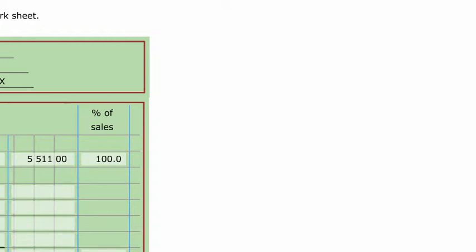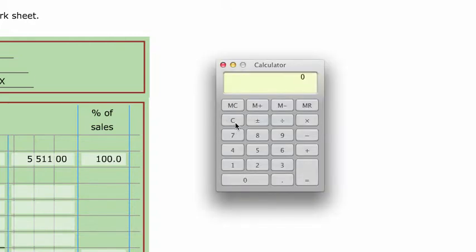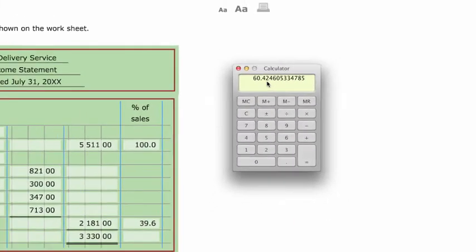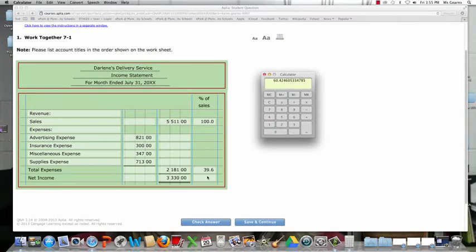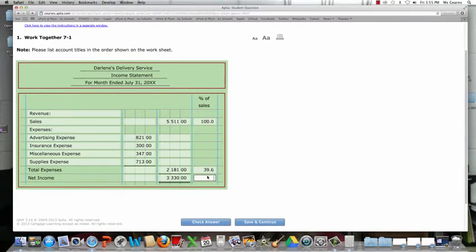And then I'm going to figure out my net income, what percentage of sales that was. So I take 3,330 divided by 5,511, and I get a decimal again. I multiply by 100, and that comes out to 60.42. And I don't need to round up here because the second decimal place is a 2, so this is going to be 60.4%.